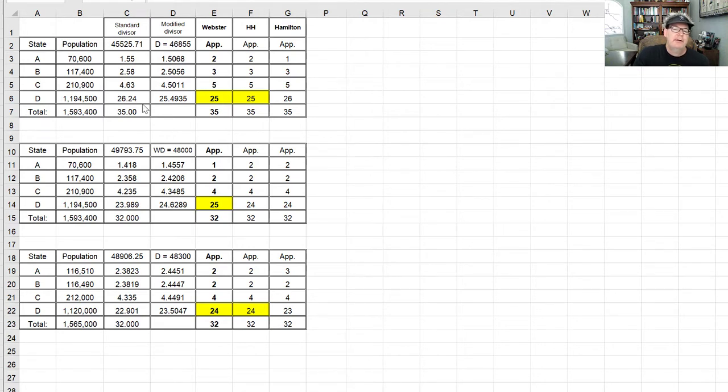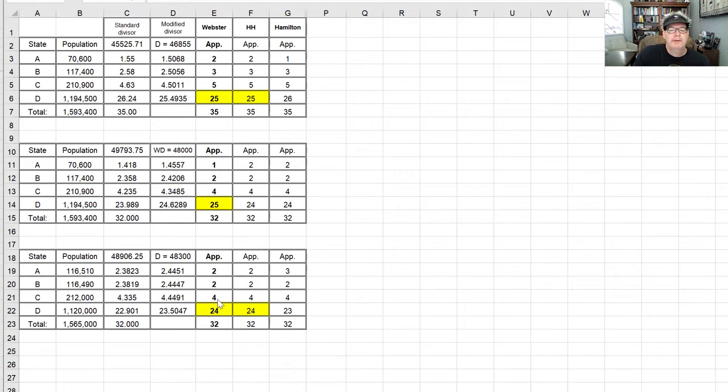I can have it go the other way as well. It's a little bit harder for Huntington Hill to go above its quota, but I have that here in this third example, because these two states are almost the same. So this does round down with Huntington Hill.